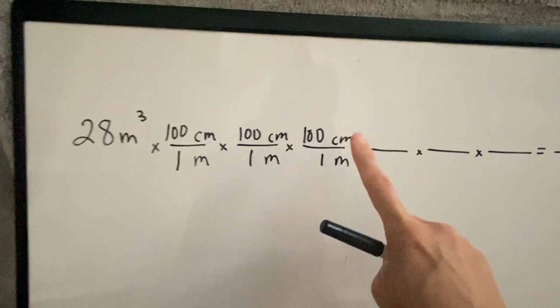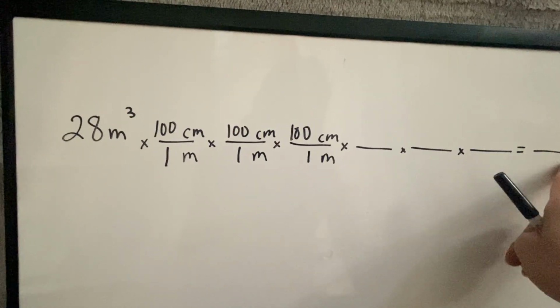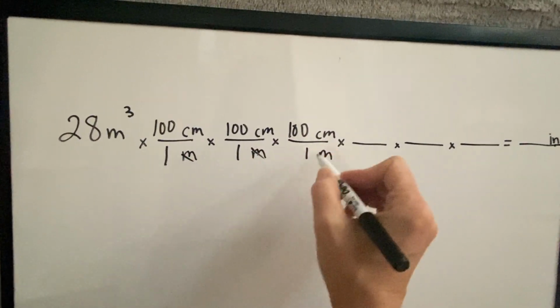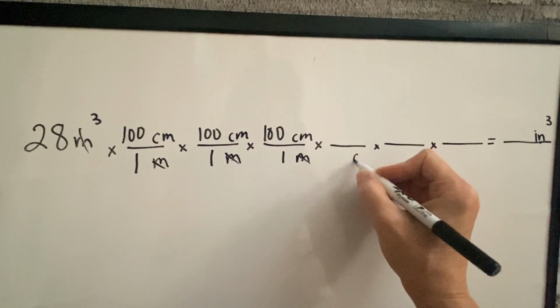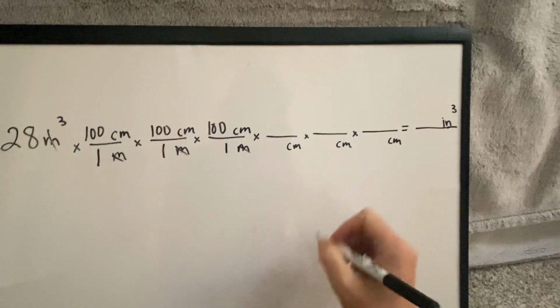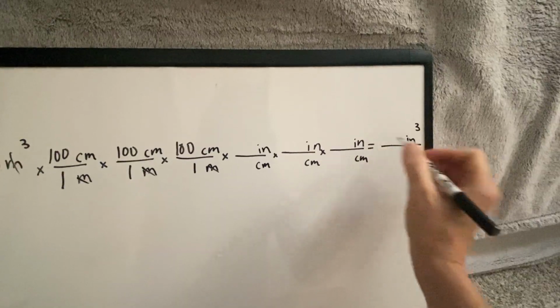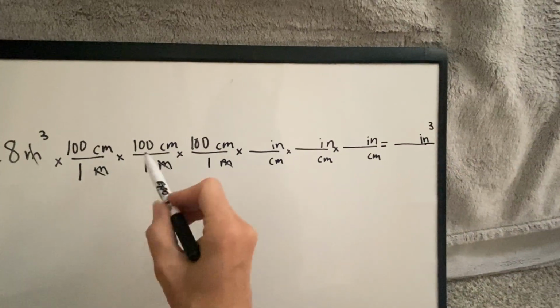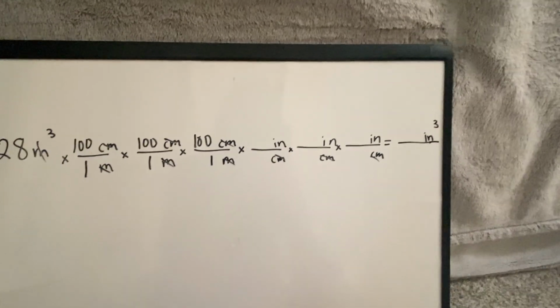So now that we have it in cubic centimeters, we need to change it to cubic inches. So these have all crossed out, right? Because this is meter times meter times meter. Now we got to get rid of all of our centimeters. Okay, and we need inches, because we want inches cubed to be on the top and these to all cross out.